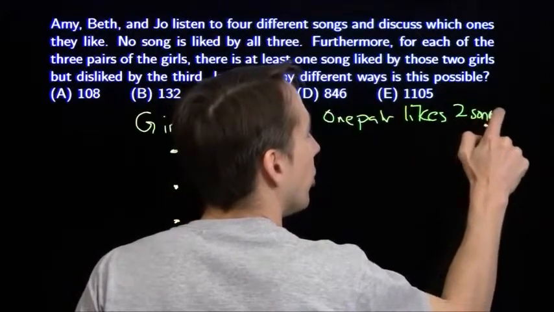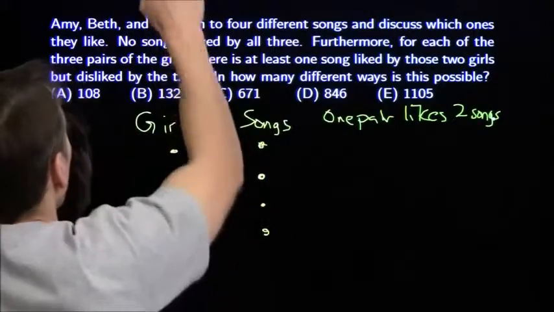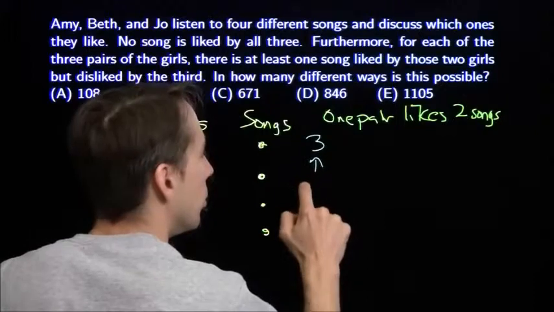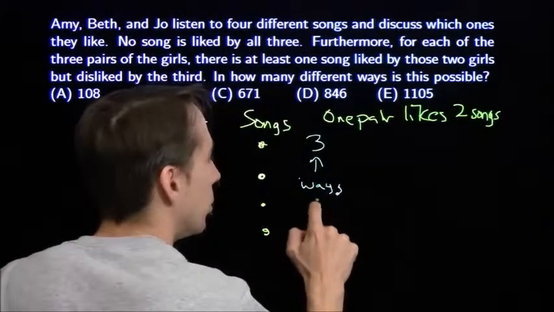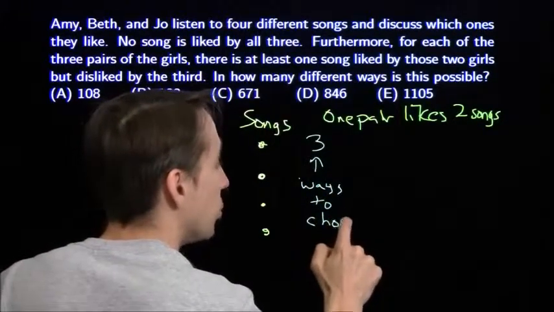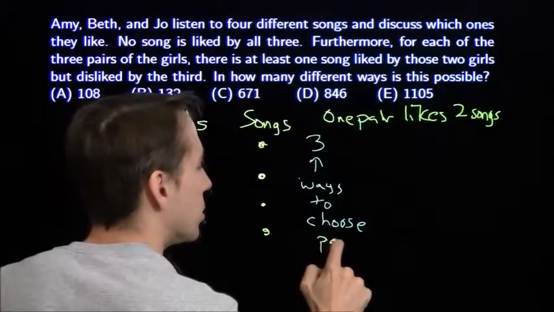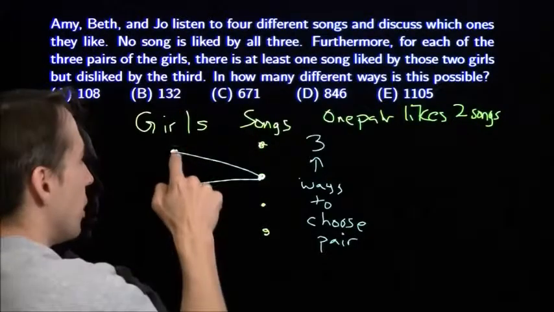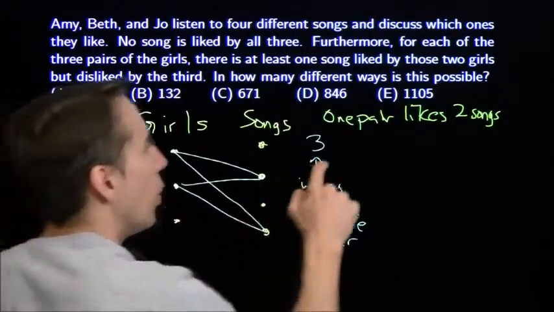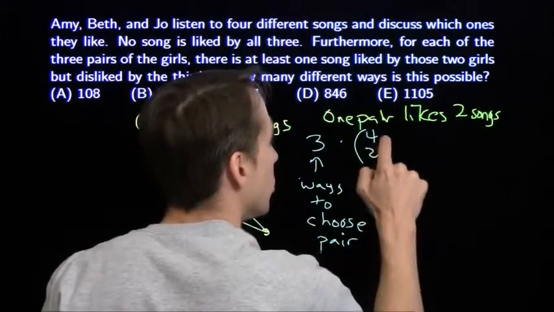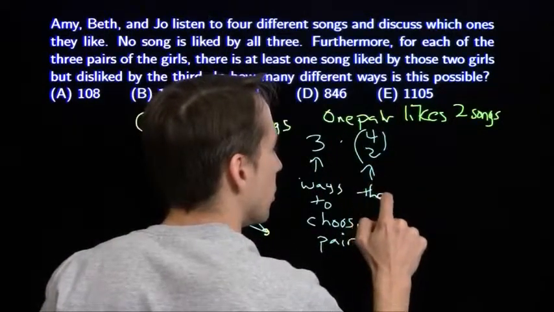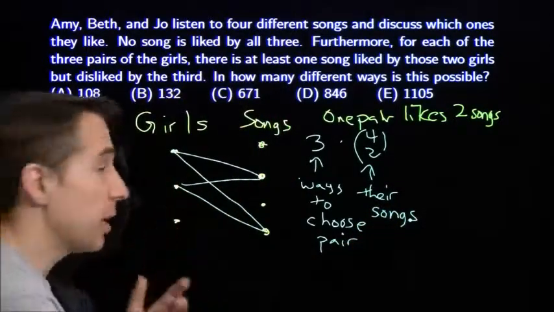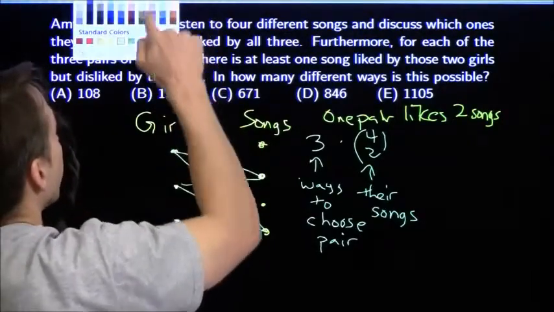Of course, we have to start off by choosing that pair of girls. There are 3 pairs to choose from. So we have 3 ways to choose which pair of girls likes 2 songs. And then once we've chosen that pair, there are 4 songs over here, so there are 4 choose 2 ways to choose their songs. Now once we've done that, we've got 2 remaining pairs of girls. Each one has to get a song.